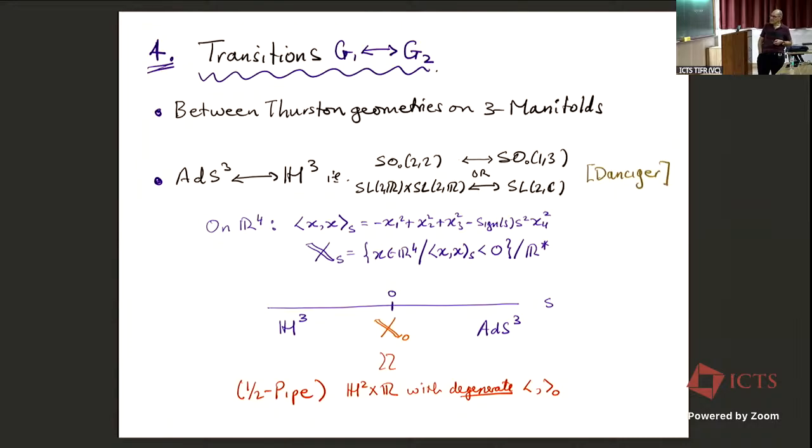So in this setting, you get a family of structures which depend on the sign of S and give you a transition from hyperbolic space to anti-de Sitter. He analyzed the geometry of the singular fiber and called that a half-pipe geometry. So this is the setting from a purely geometric perspective.